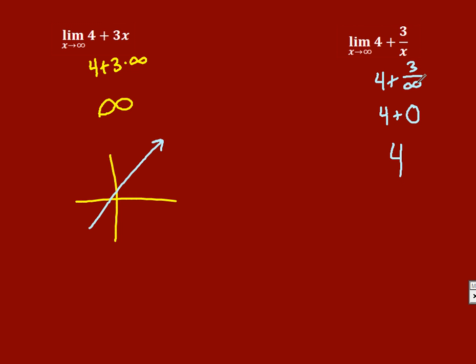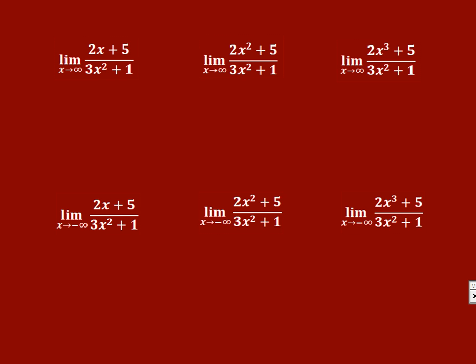Now this idea of dividing by infinity builds into what we have next in terms of finding asymptotes when we do these rational equations. So let's focus on these first 3 at the top. The only difference between them is the power of the top versus the bottom.